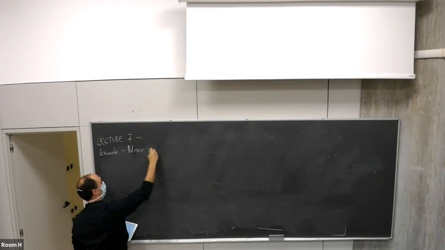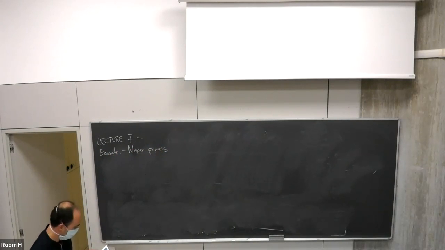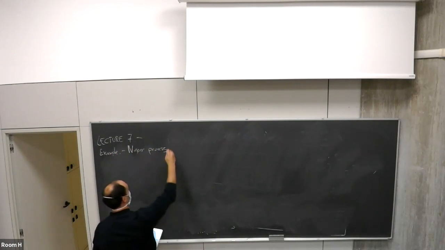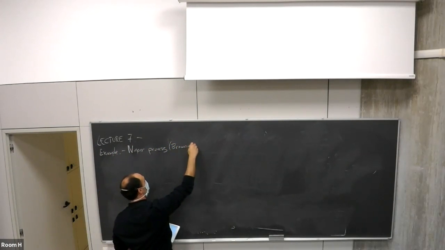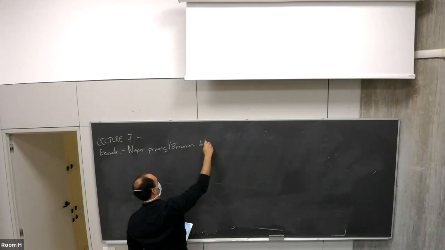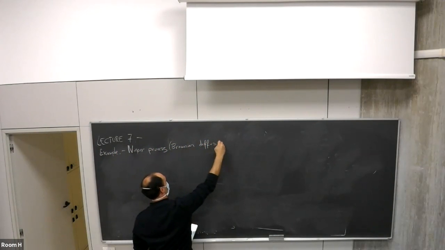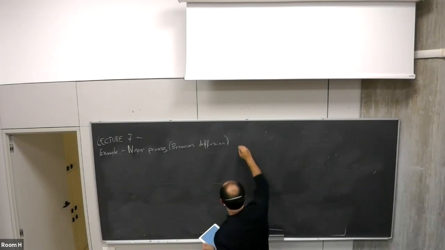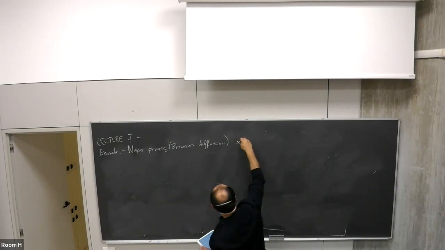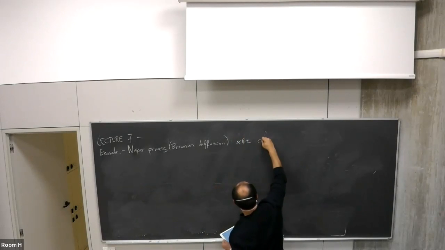The Wiener process, which will appear a lot in the course, also called Brownian diffusion, in which x and t are continuous.